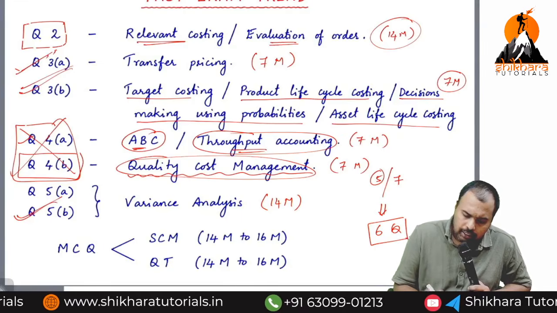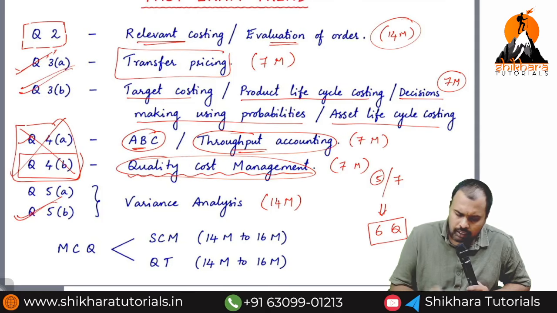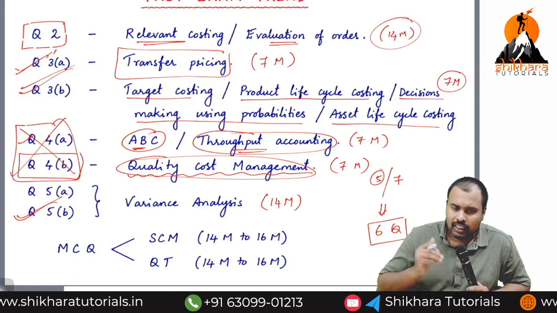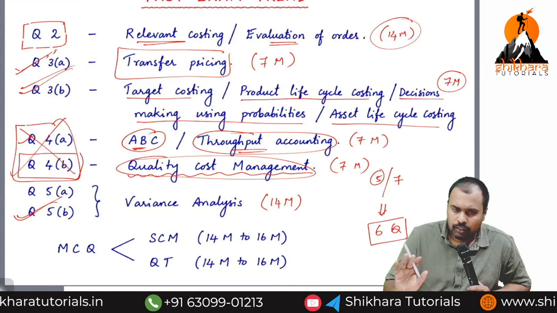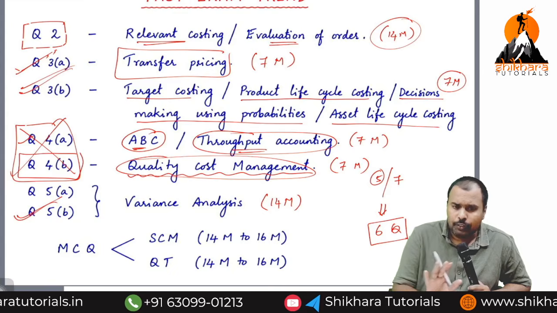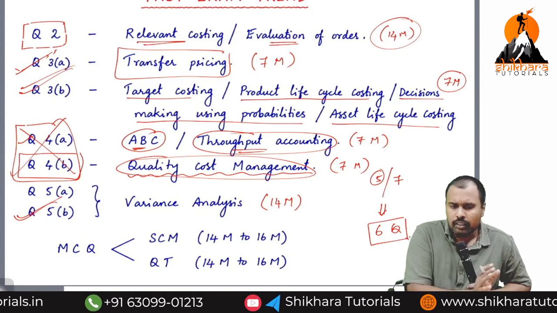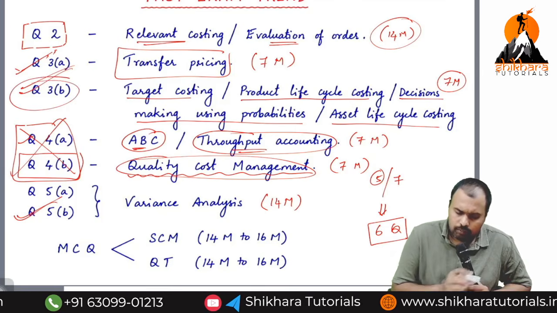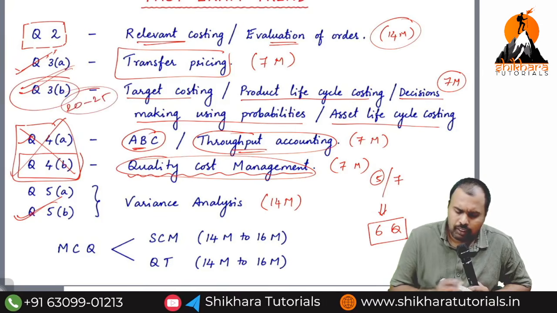And 3A, 3B has only small topics. Transfer price is very simple. And 3B, though there are 4 topics, the questions they get in exams are very simple, and these 4 topics are very, very small topics only. And each topic has, I think, in your study material or the institute material or the material we taught in class also, combined for all of 3B, at most you can find 20 to 25 problems, not more than that.